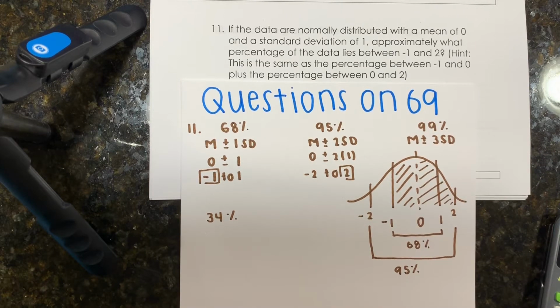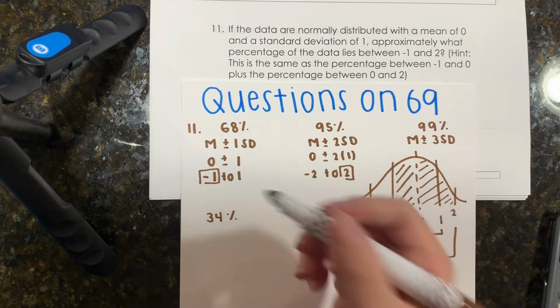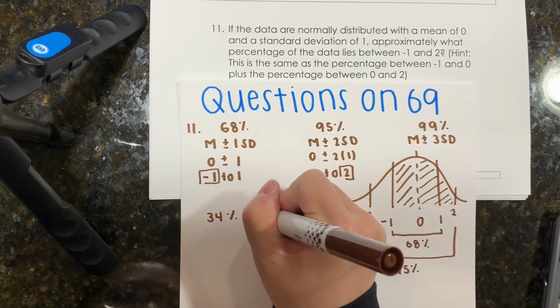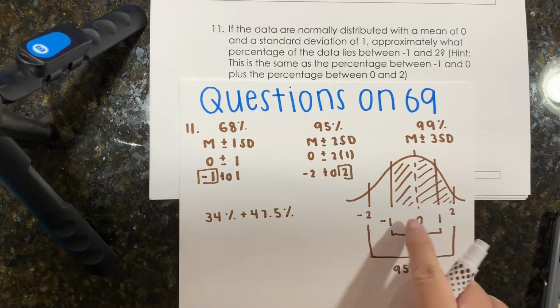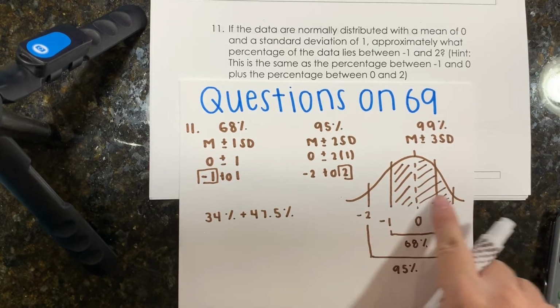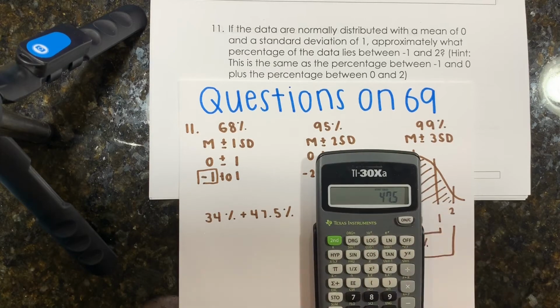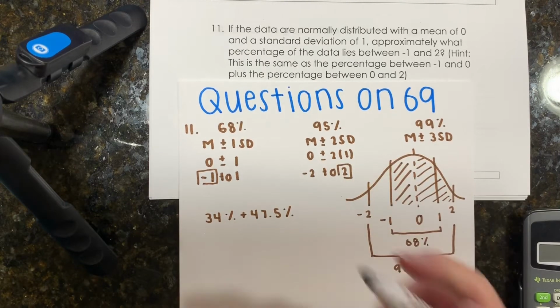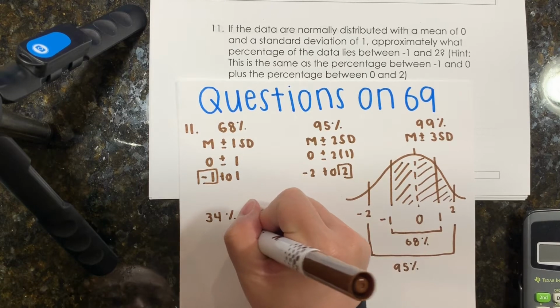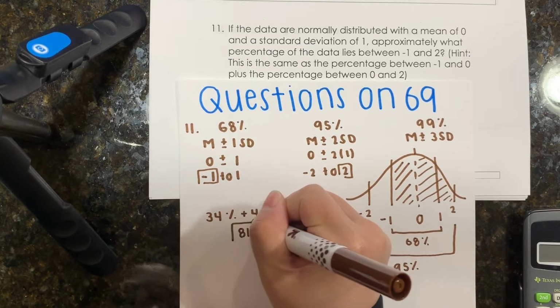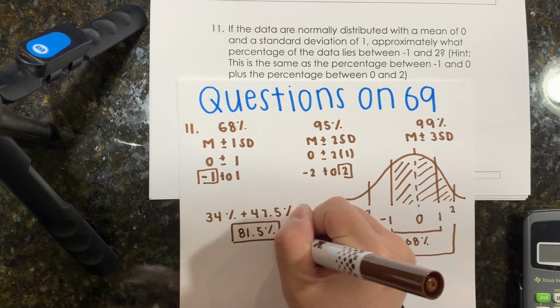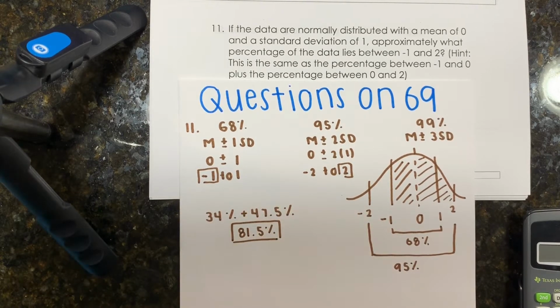So that would be 95 divided by 2, and that would be 47.5. Which means that the percentage from -1 to +2 would be 47.5 plus 34, which gives us a total percentage of 81.5%. And that would be your result for number 11.